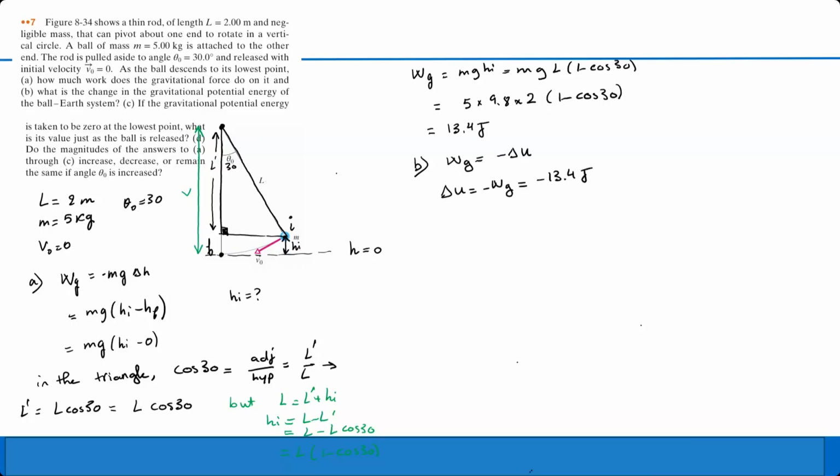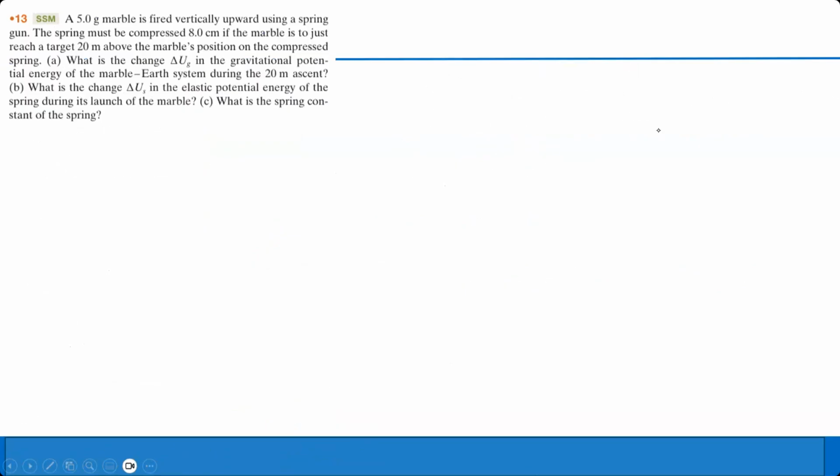I want you to always make a thoughtful examination of your results. We saw that from the initial to the final point, the work done by gravity is positive. This makes sense because the object is descending. So gravity supports this motion.